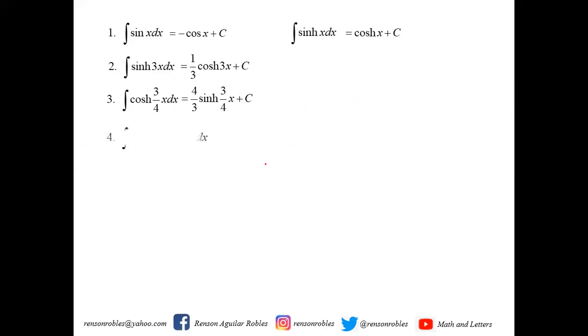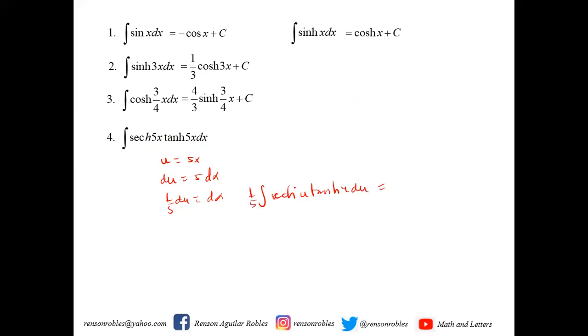And the next, we have the integral of sech 5x tanh 5x dx. Then we let u be equal to 5x. Then we can observe that du is 5 dx, or 1/5 du is positive dx. So this can now be written as the integral of hyperbolic secant of u, hyperbolic tangent of u, where dx is represented by 1/5 du.